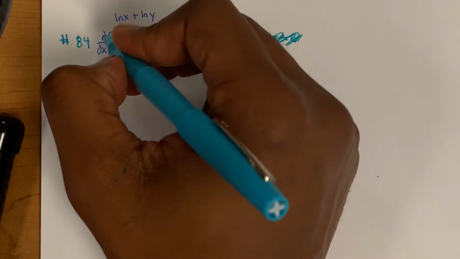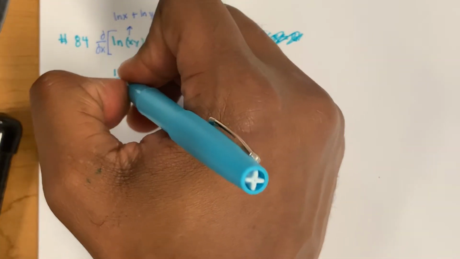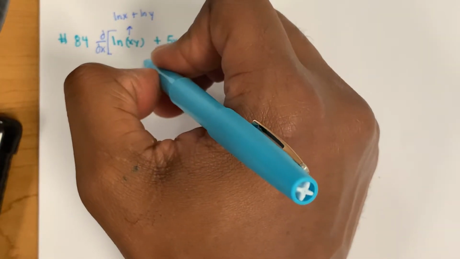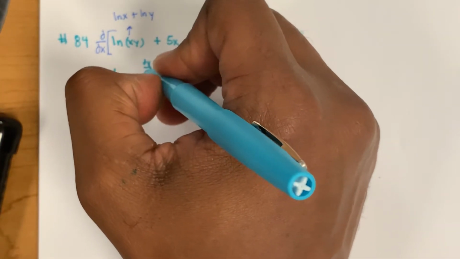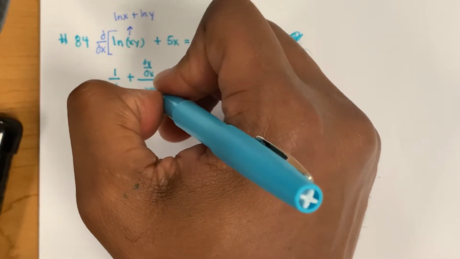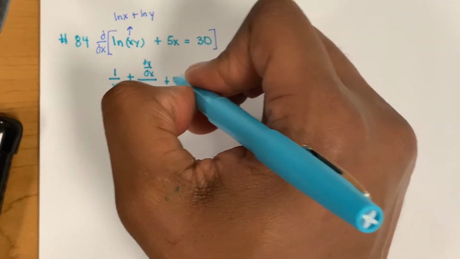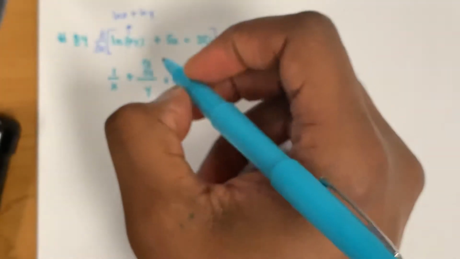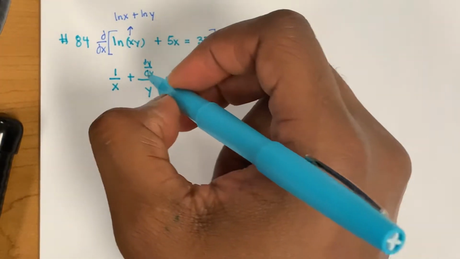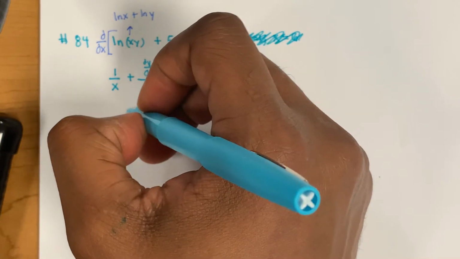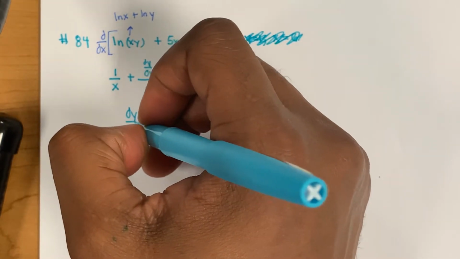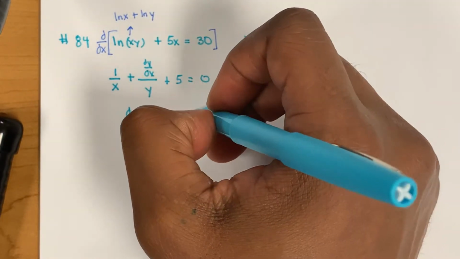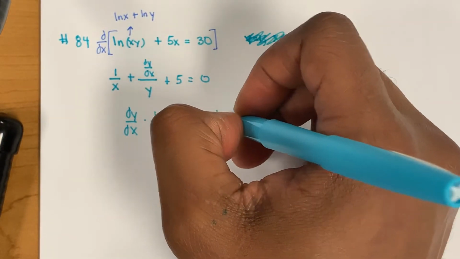So we're taking the derivative of ln x, which is derivative over input, plus the derivative of y, which is dy over dx over the input, plus 5 equals 0. So if we move out all of this other stuff, we're going to have dy over dx times 1 over y, and that equals 5 minus 1 over x.